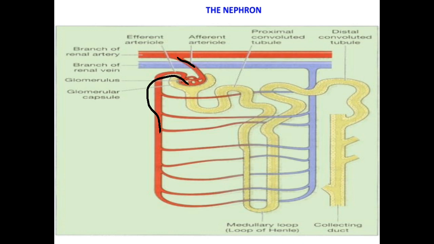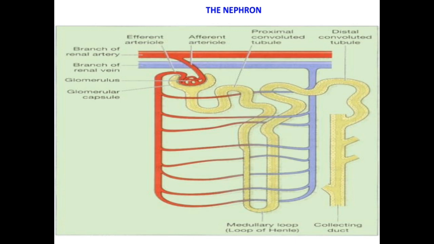And what passes into the yellow cap that we see there, which we also call the Bowman's capsule, is the filtrate.